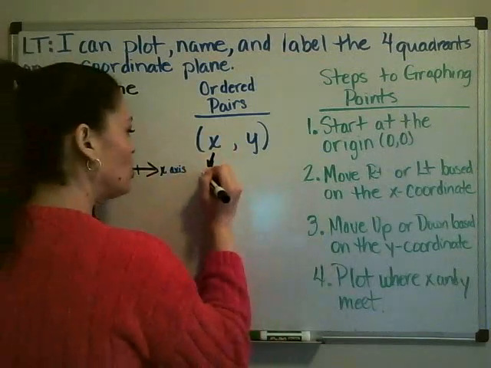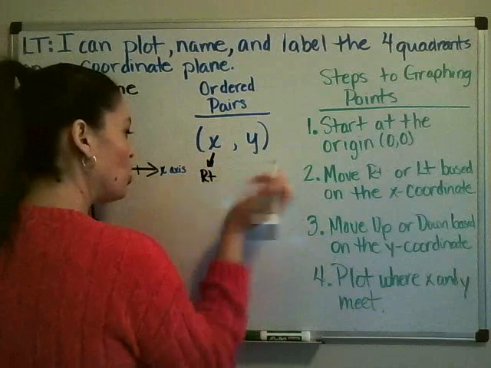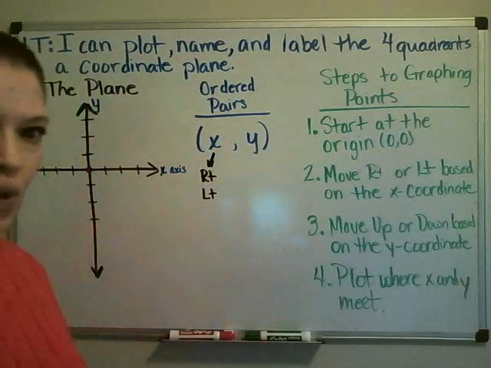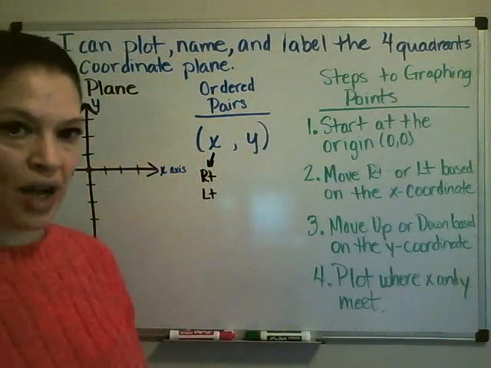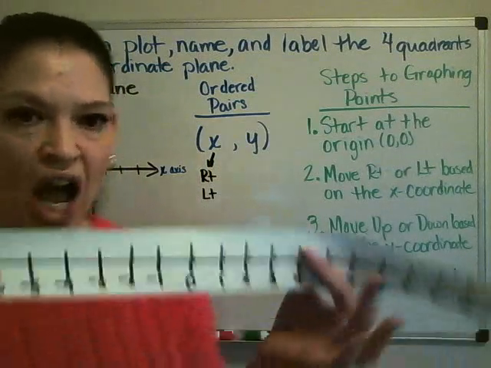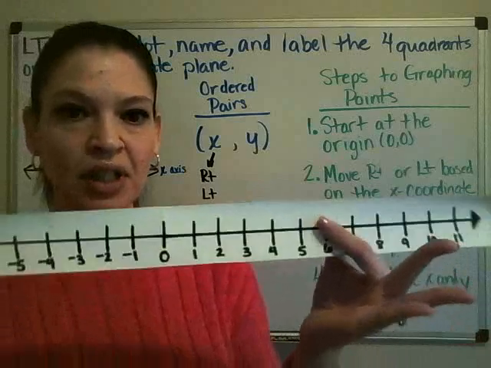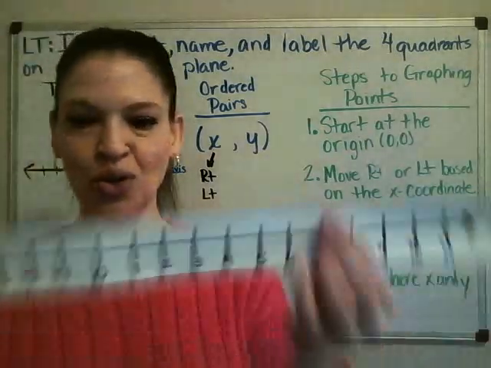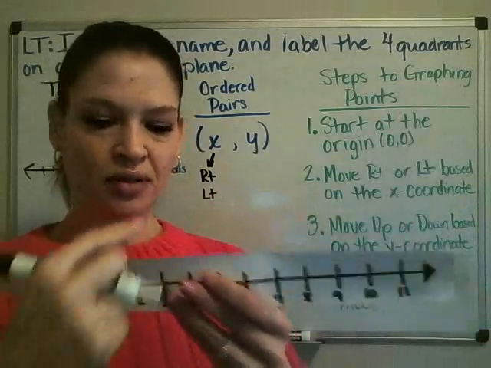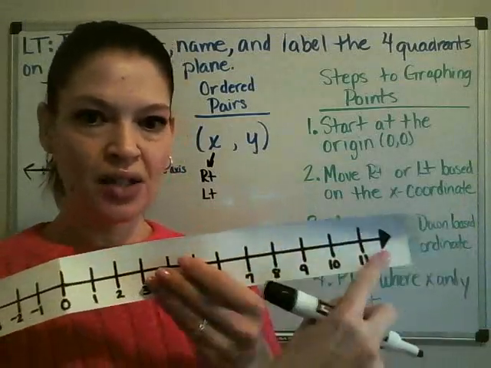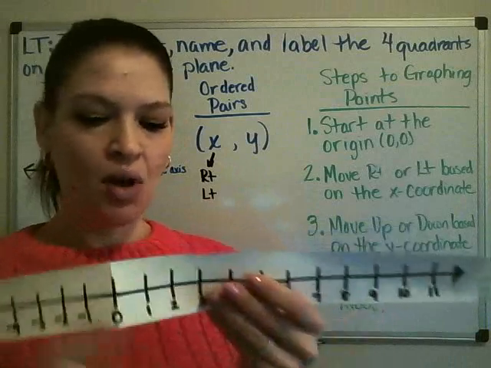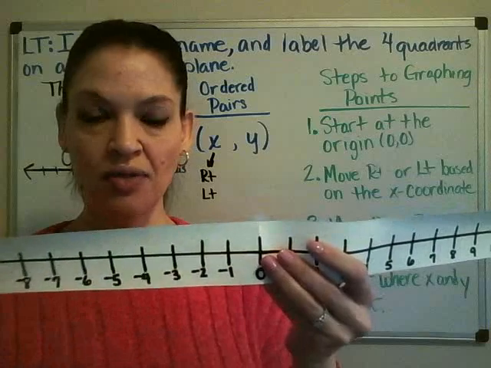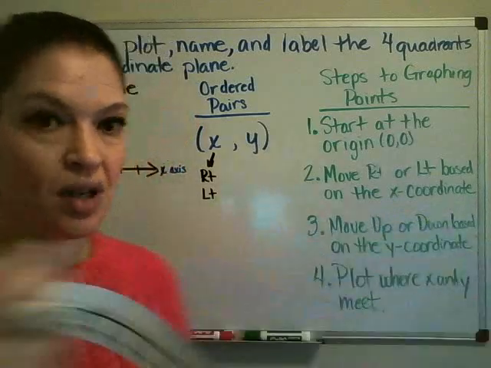So x can travel to the right, or it can travel to the left. Now guess what, you guys? The sign of the number that falls under the x will tell you whether you're going to the right, positive, or whether you're going to the left towards the negatives.